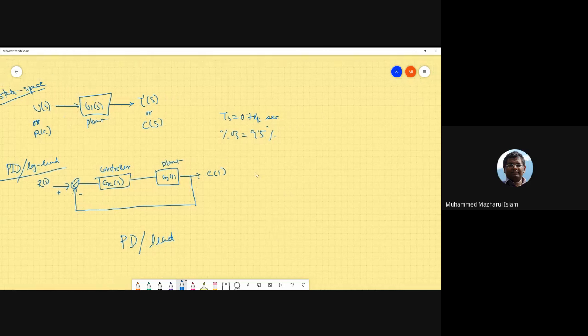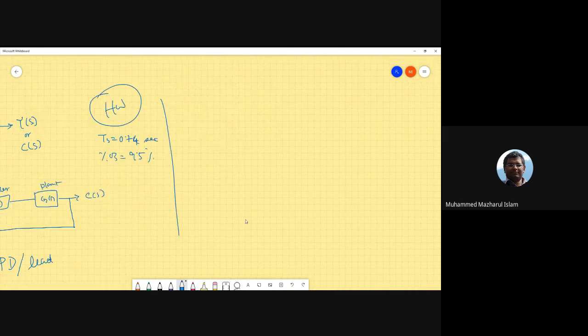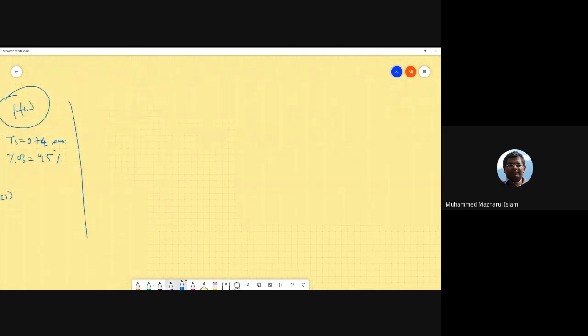Of course, as you would understand, you need a gain term as well, and the gain is included inside Gc. You don't need a separate gain. Once you have a PD or a PI or a lead or a lag system, we have that gain inside the controller transfer function. All right, so this is your homework. Do this and show me the results on Wednesday.